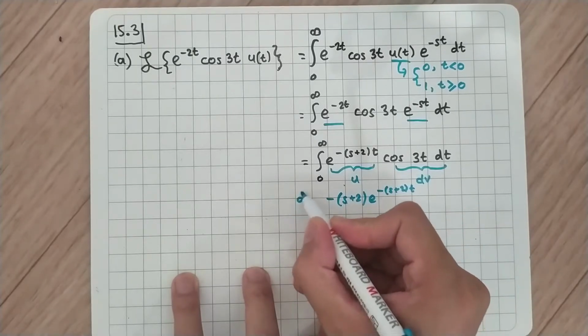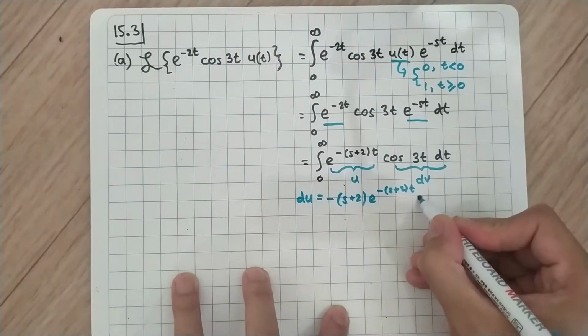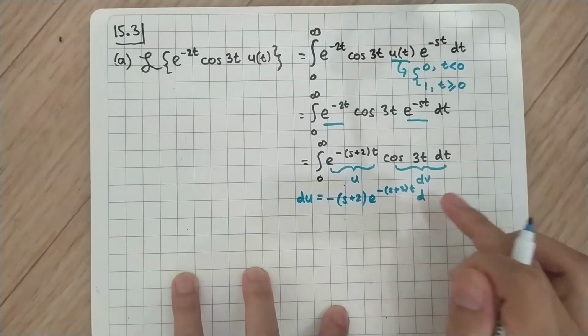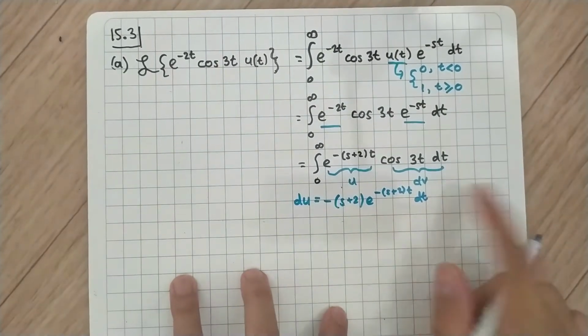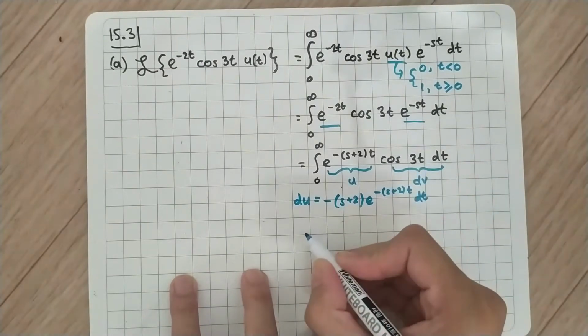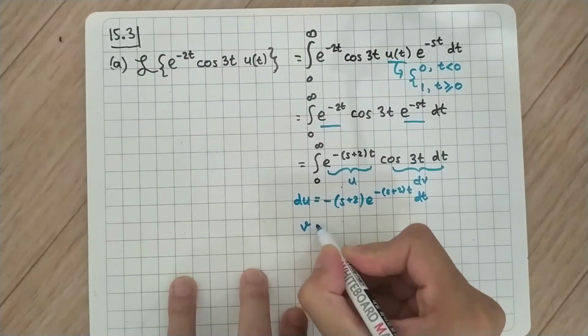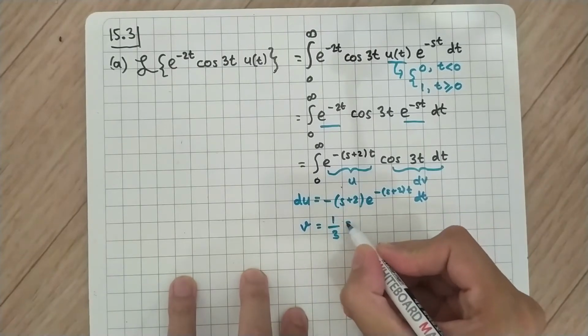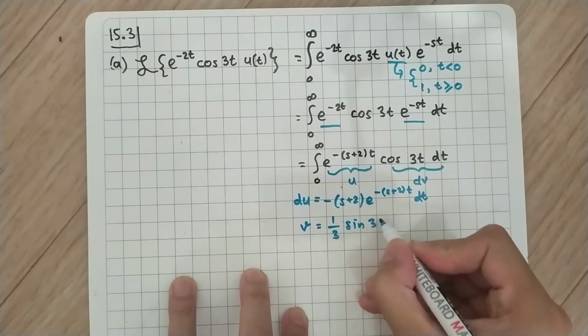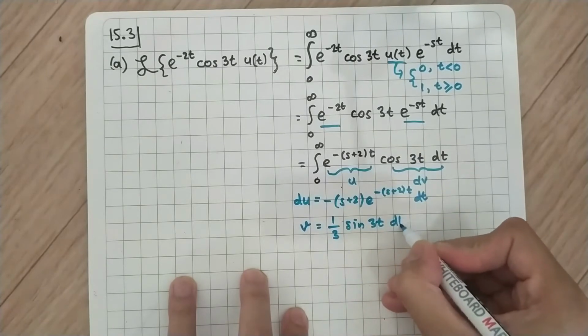So here du will equal this dt, and here is our dv, so we need to integrate this to get v, and the integration of that one becomes 1/3 sine 3t.